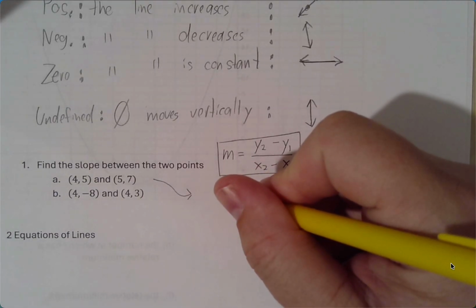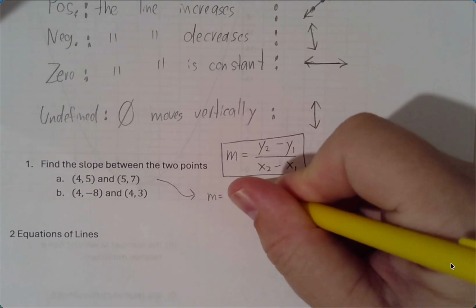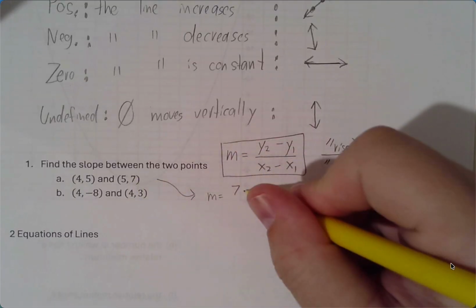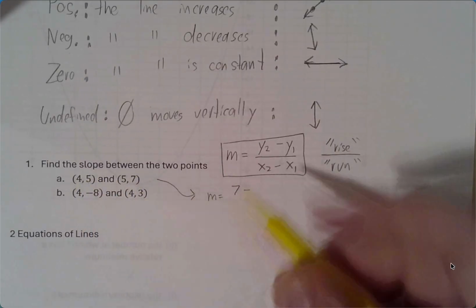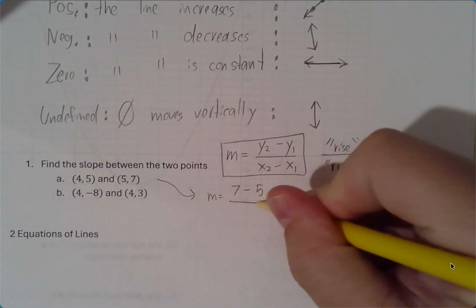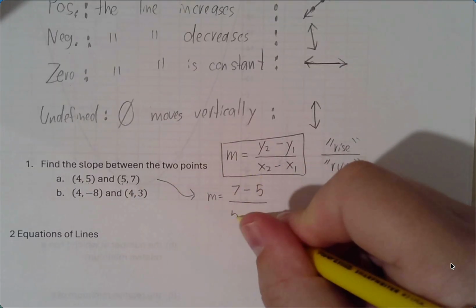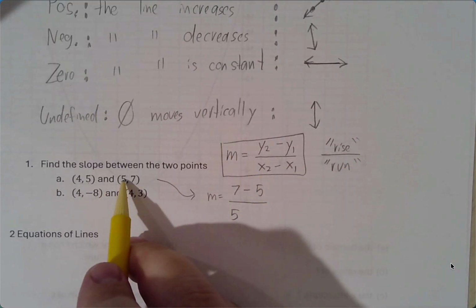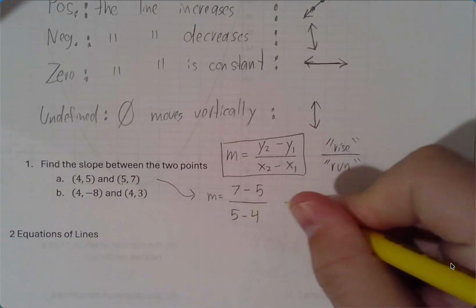As I do my slope formula on this first example, I'm going to say my slope is 7, the second y value, minus 5, because that is the first y value. All that is over this 5, because this is the x value of the second point, and that must mean I then have minus 4 here.